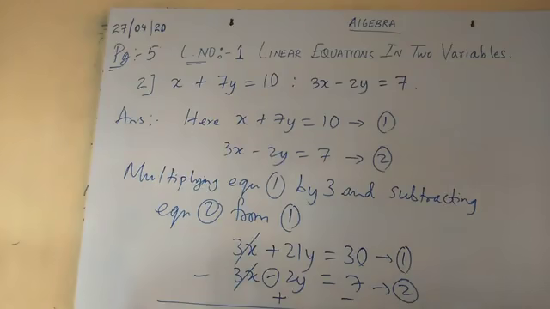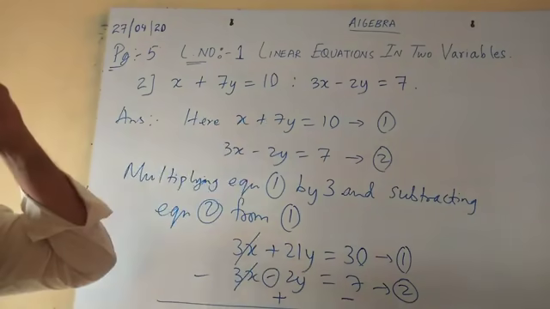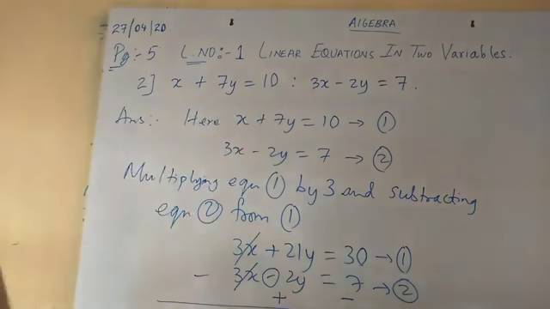Y is 1. Now again I can substitute this value anywhere in equation 1 or equation 2. So let's see. I think it will be easier if I substitute this value in equation 1.